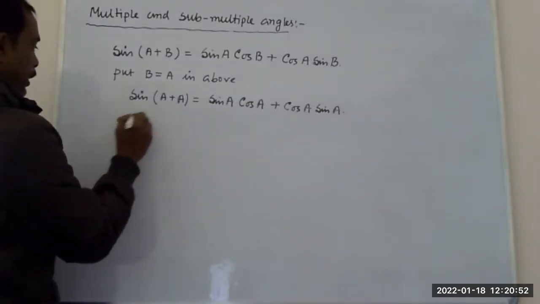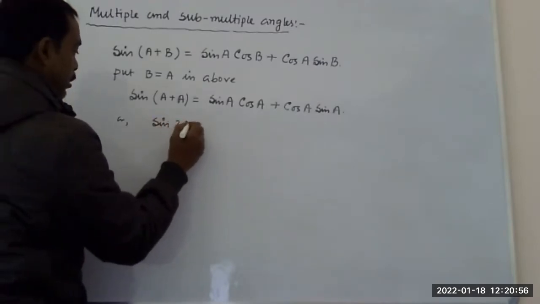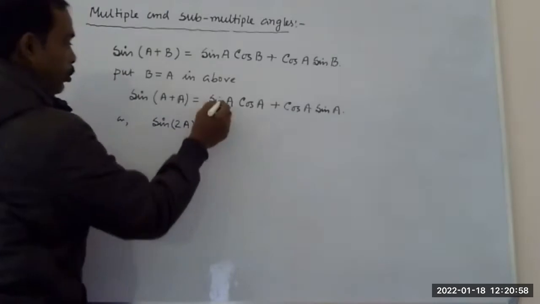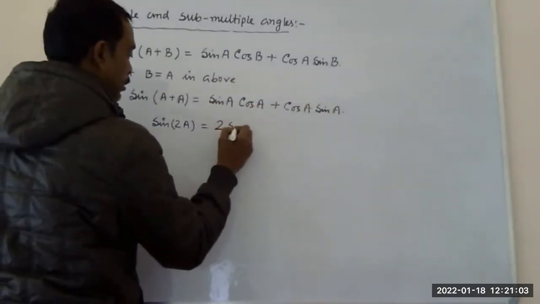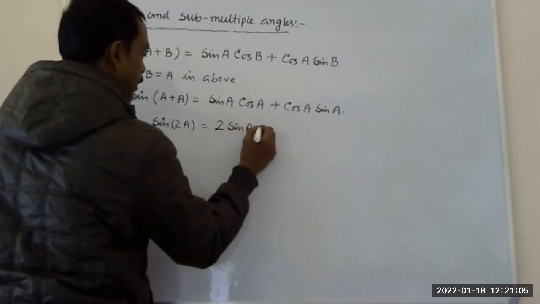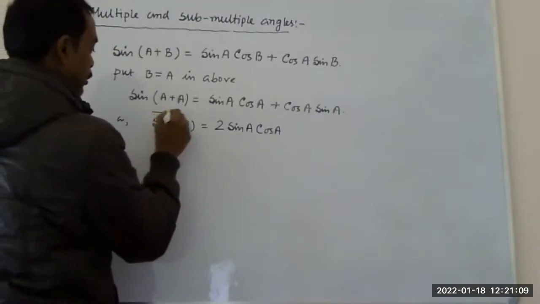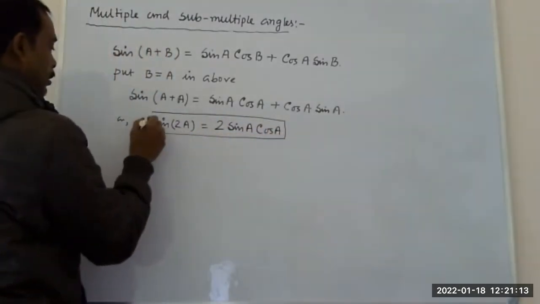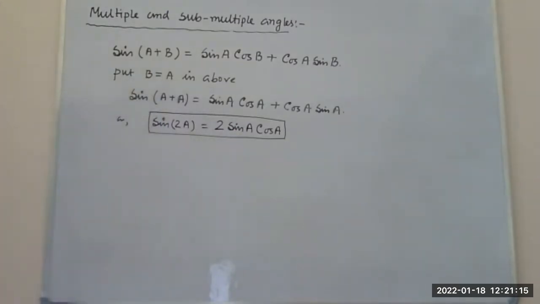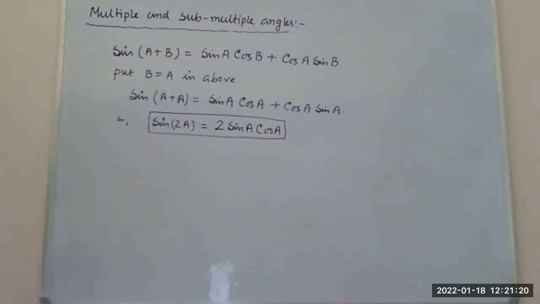So from here we can write sine 2a is equal to sine a cos a plus sine a cos a. That means 2 sine a cos a. This is the formula of sine 2a. Sine 2a means 2 sine a cos a, right?